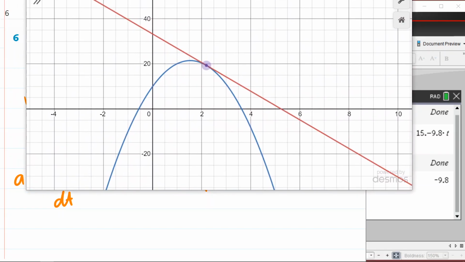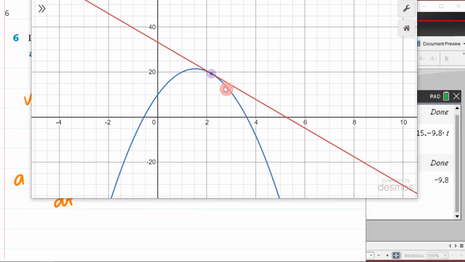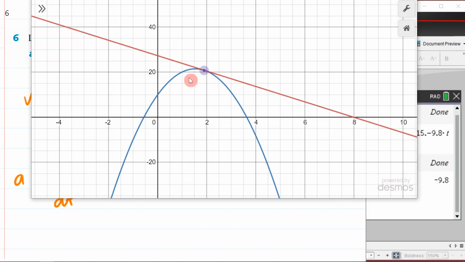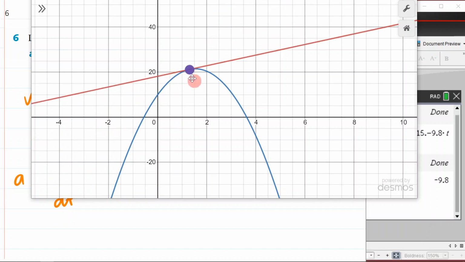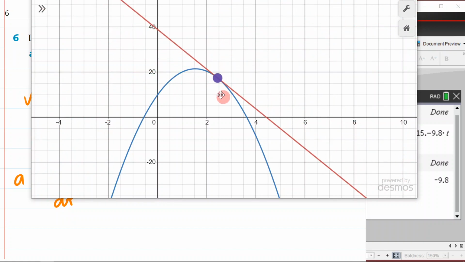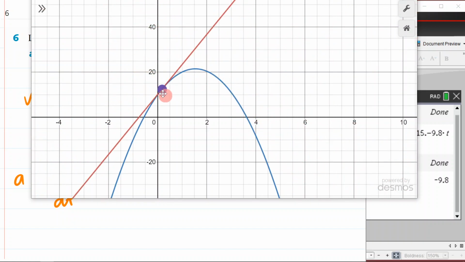Here it is, and you can see what it looks like. The blue represents the path of the ball that's being thrown up in the air. And I've also drawn in a tangent line. And this is really telling us the velocity at each point here. So as you can see, I throw it up in the air, it's stationary there, and then it falls to the ground. So that's kind of what we're picturing in our head.